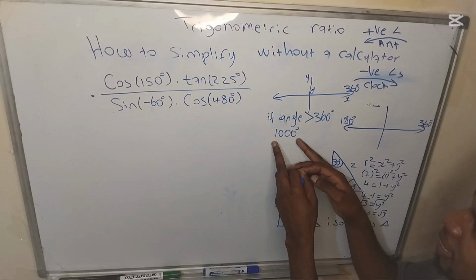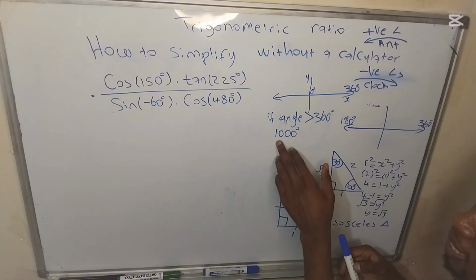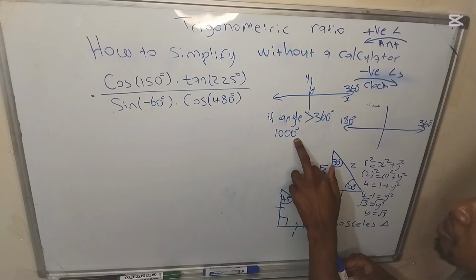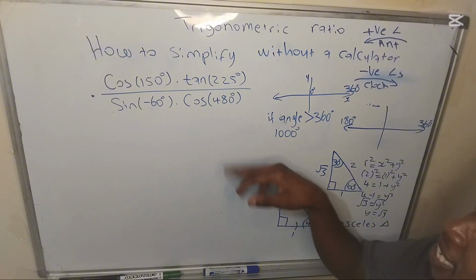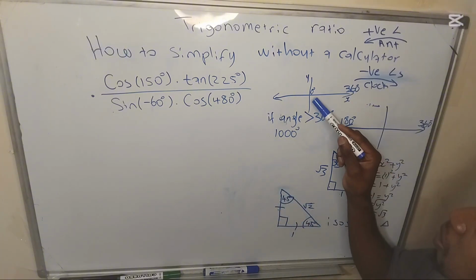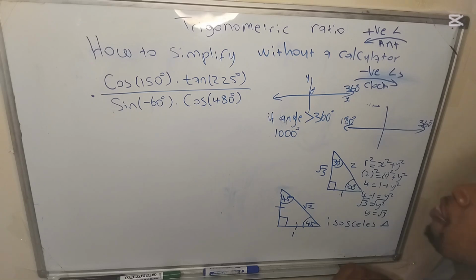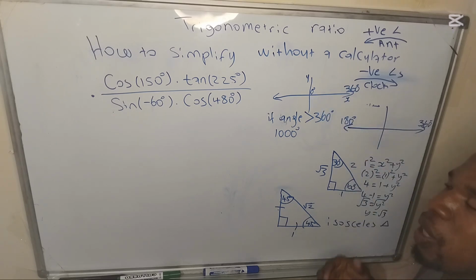For instance, this 1000 degrees is greater than 360 degrees. So if your angle is greater than 360 degrees, it means that you have to subtract until your angle becomes between 0 degrees and 360 degrees. Then you can start finding your reference angle.